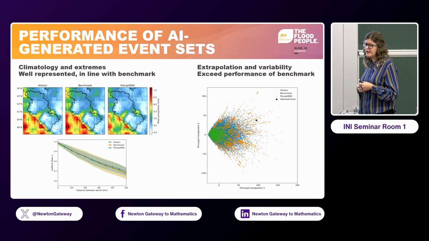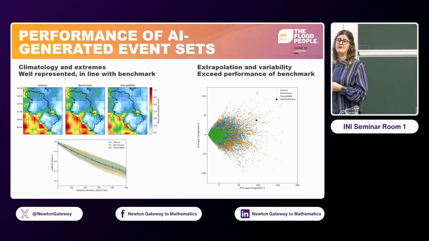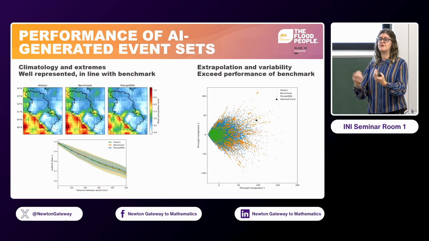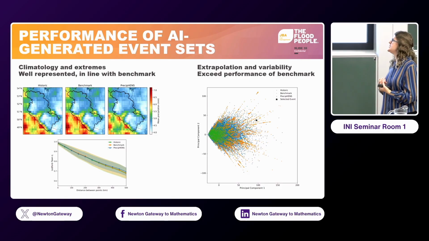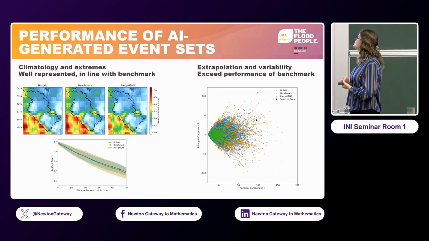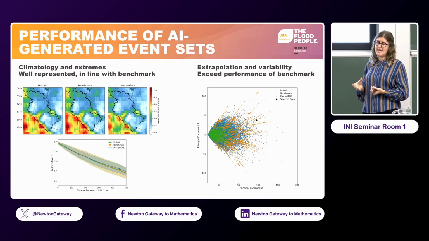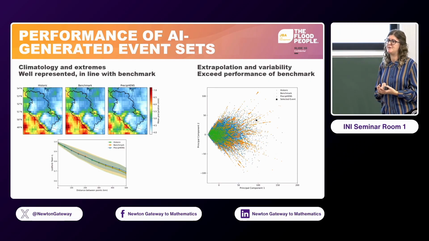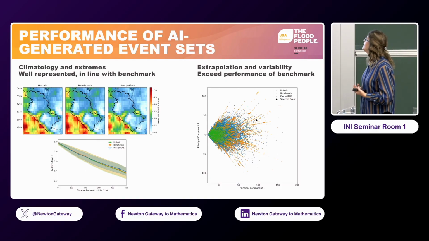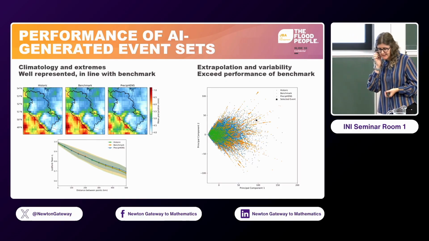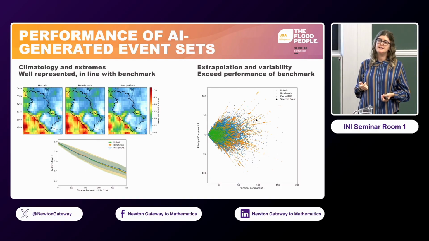And the big thing that we want to do is create variability. That's why we want to create these large 10,000, 50,000 year samples. And on the left here, I've just got a low dimensional representation of the events that we're seeing. The green cloud of points that's very constrained to the left there is the historic reanalysis data.